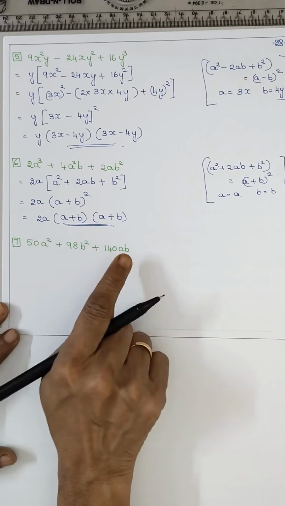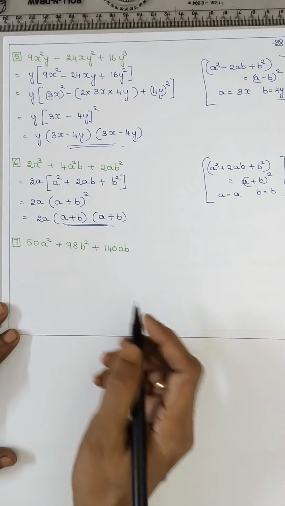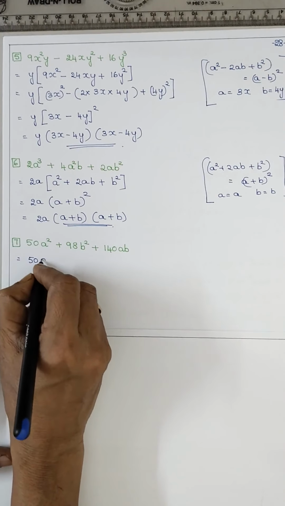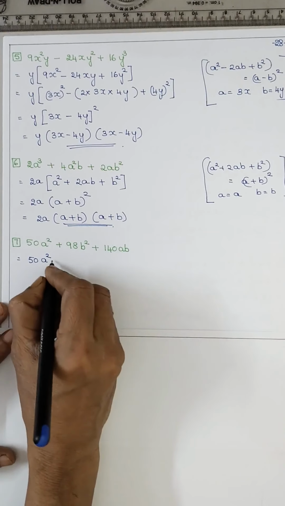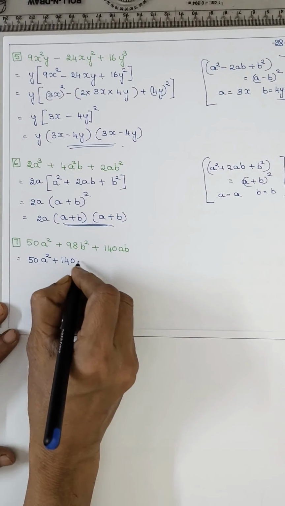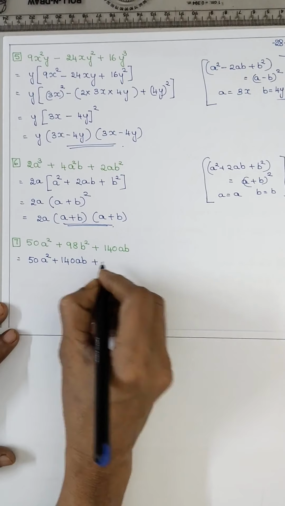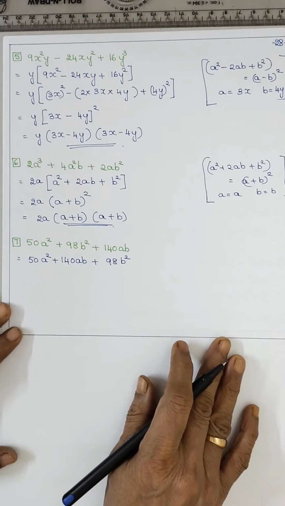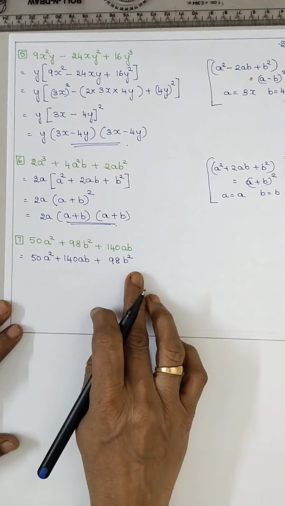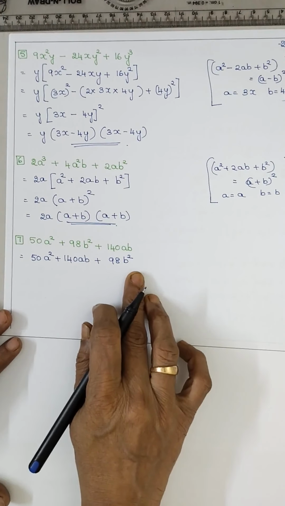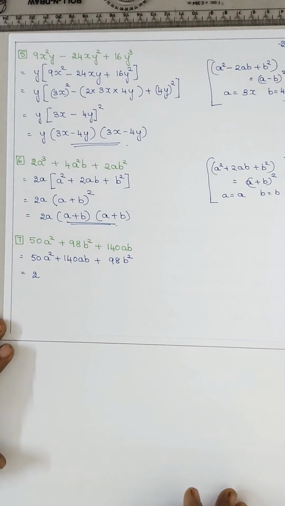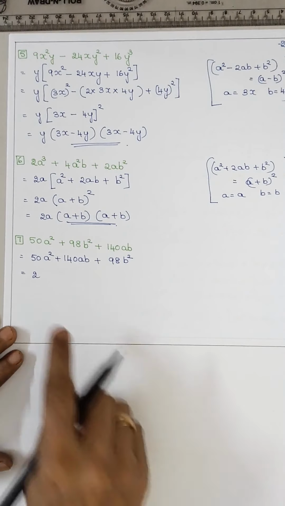But here the arrangement first has to be rearranged, isn't it? So 50a squared plus 140ab plus 98b squared. Now all are even numbers, so if you divide by 2, means 2 is taken common, what is remaining?